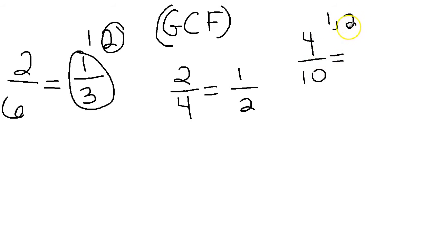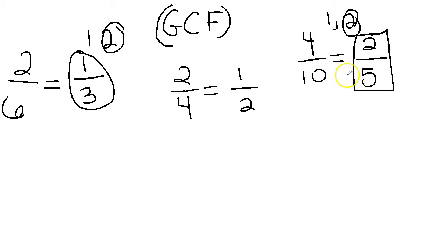We can go into 2 and use that as the greatest common factor. 2 goes into 4 2 times, and 2 divides into 10 how many times? 5 times. And that is how we simplify and reduce a fraction using a greatest common factor.